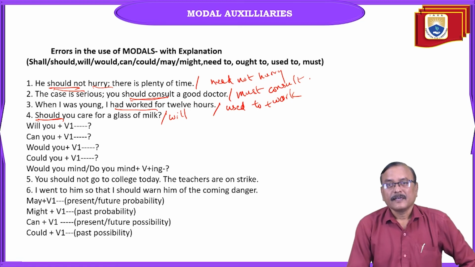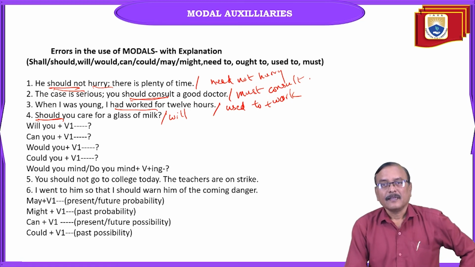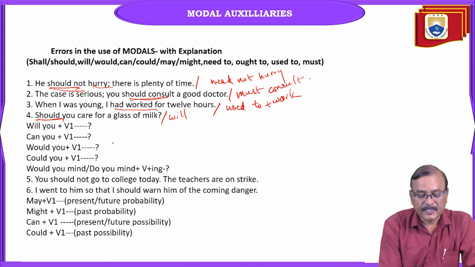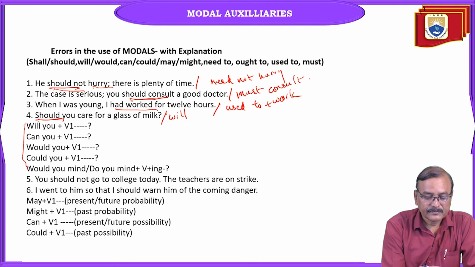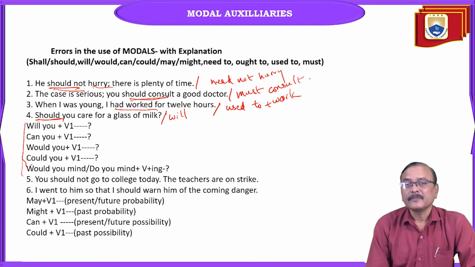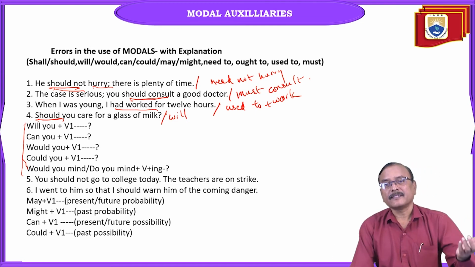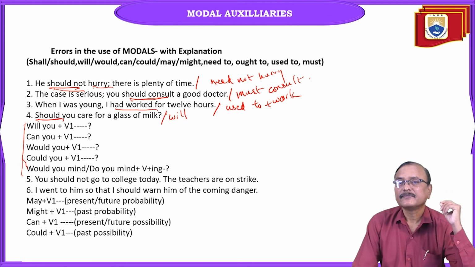Okay. Next. Even politeness, you see here. Will you to can you, politeness increases. Can you to would you, politeness increases more. Would you to could you, politeness will be increased. Right?